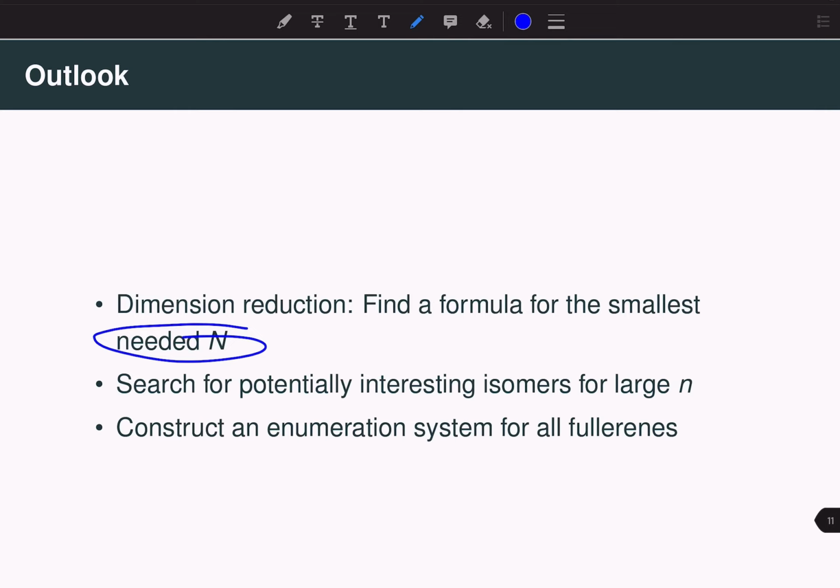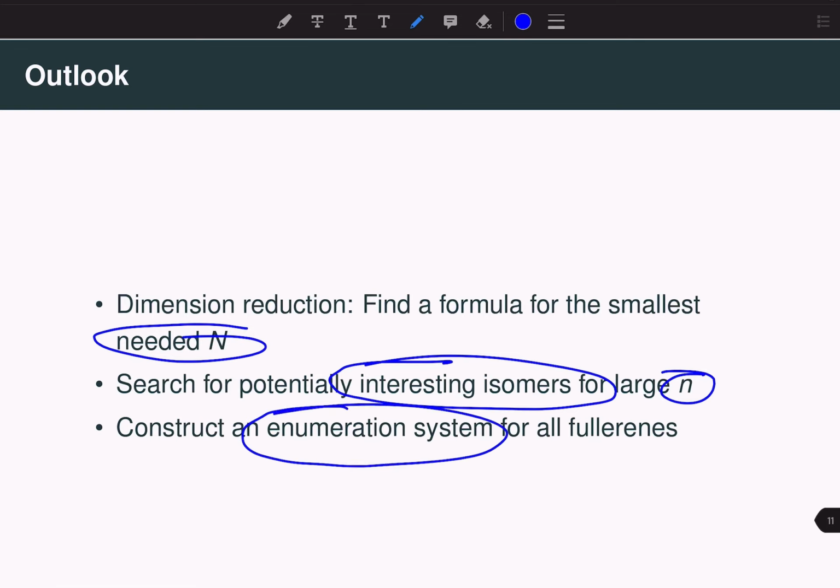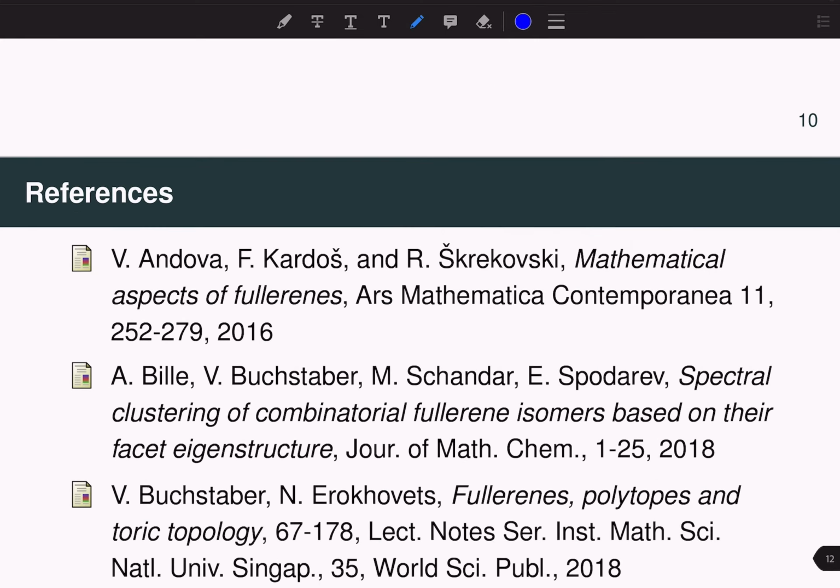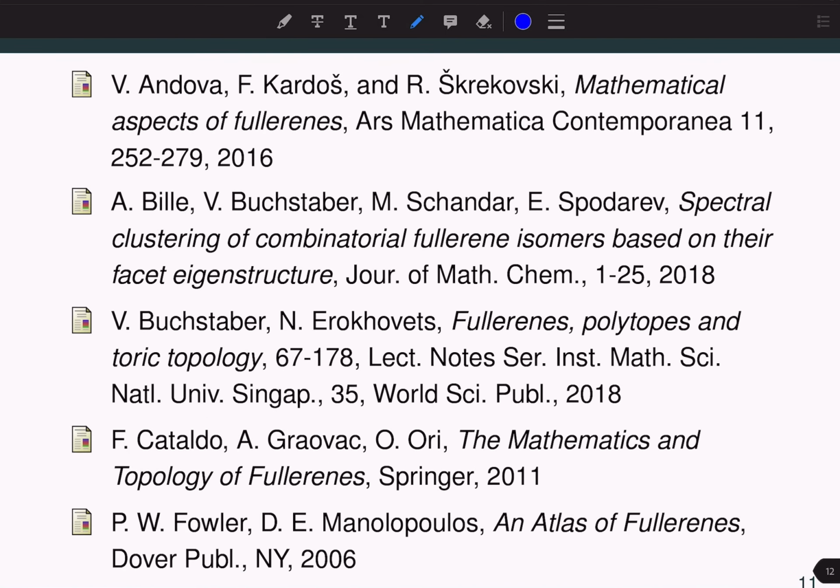If we consider not C60 but maybe C80 or C1000, what interesting isomers will arise then? And then finally, using these Newton polynomials, we want to establish an enumeration system for all fullerenes, not caring about the number of atoms n. So this is what I wanted to present you in this video.